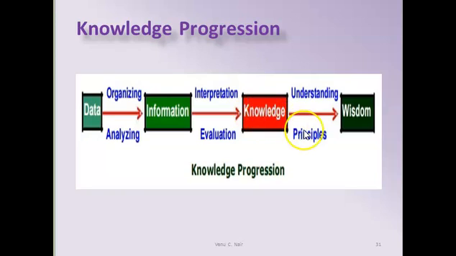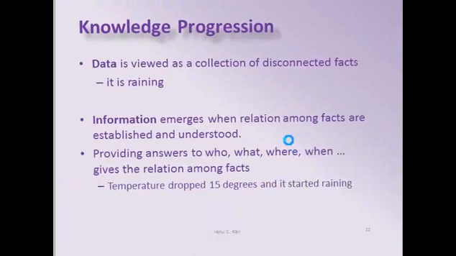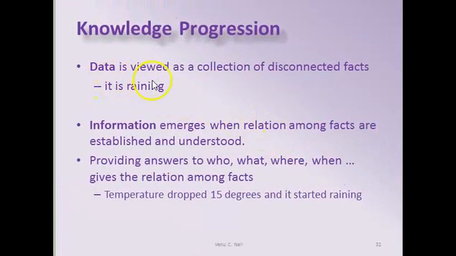And whenever using some principle, we understand the knowledge, it generates the wisdom. So data is used as a collection of disconnected facts. At the first instance, all the values will be disconnected because they don't have any value with them. For example, it is raining is a data.